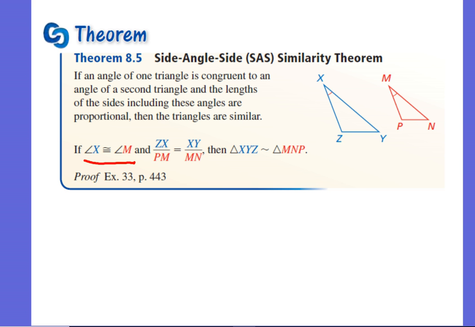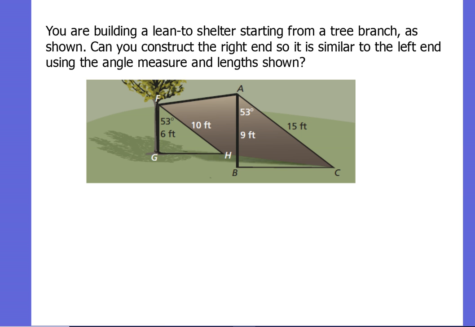Let's see this in some application. It says you are building a lean-to shelter starting from a tree branch as shown. It wants to know, can you construct the right end so it is similar to the left end using the angle measure and lengths shown below? So how do we go about this?